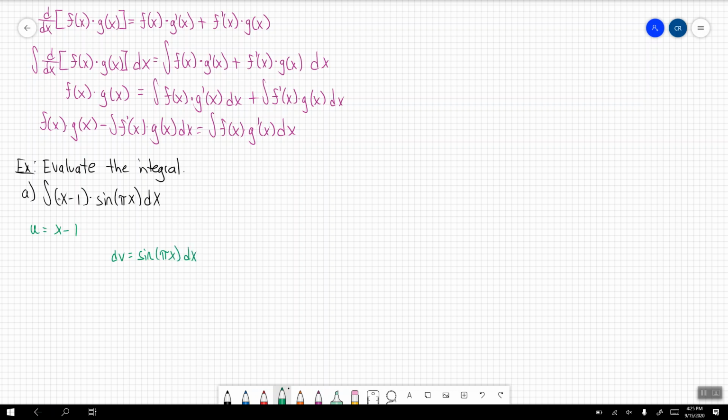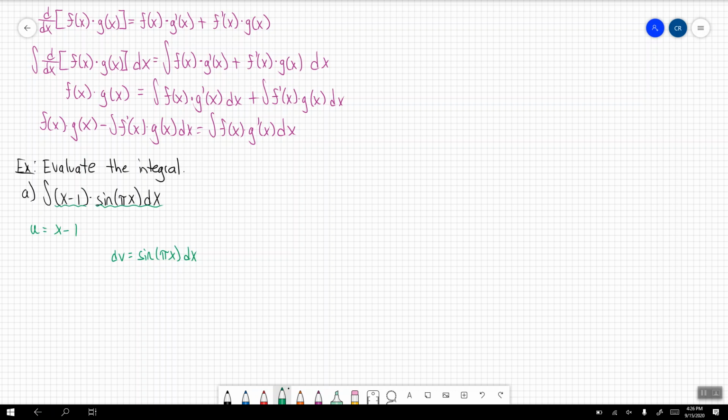So again, these are the first two parts that you have to identify. Always identify u and always identify dv. Remember that when you identify the function for u, you will have to take the derivative of that. When we identify the differential dv, which is sine of pi x dx, we're going to have to take an antiderivative of that differential.